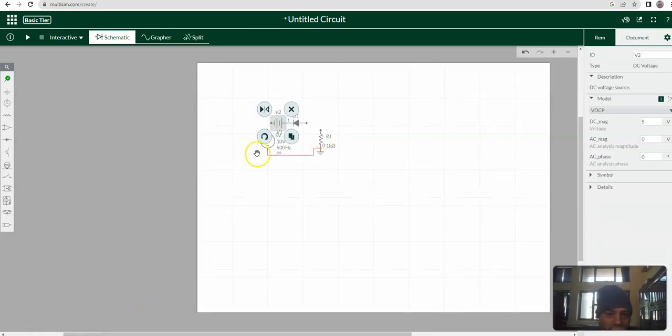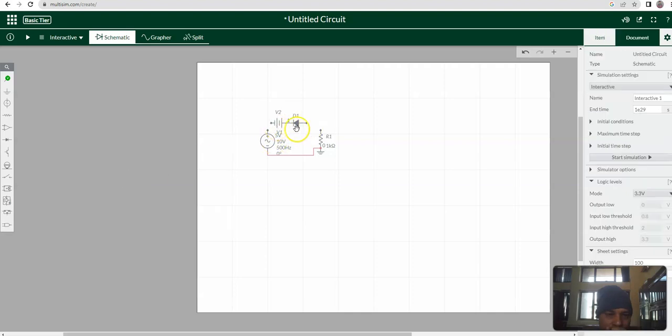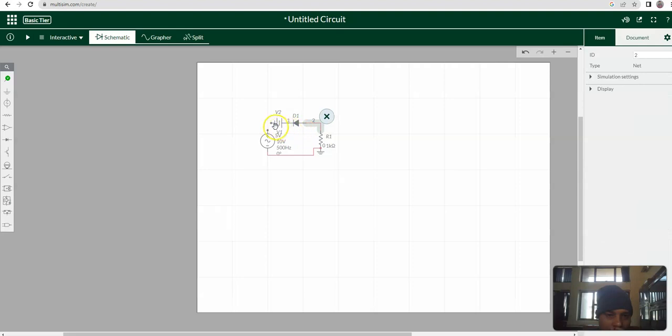So now what I am doing is I am changing the direction of the diode. Okay, I am connecting it to resistance like this.